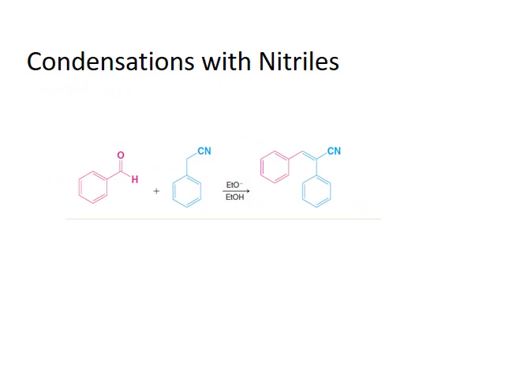Condensation with nitriles. Nitriles containing a methyl or methylene group, as for example acetonitrile or phenylacetonitrile, as in this example, have acidic hydrogen.